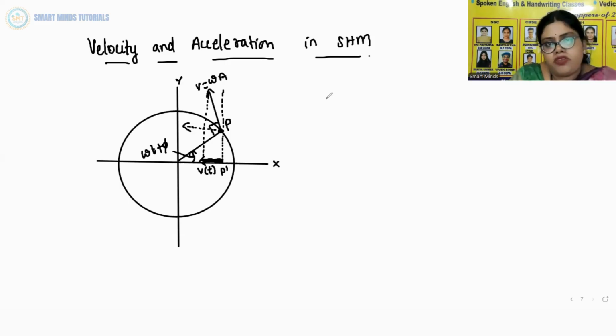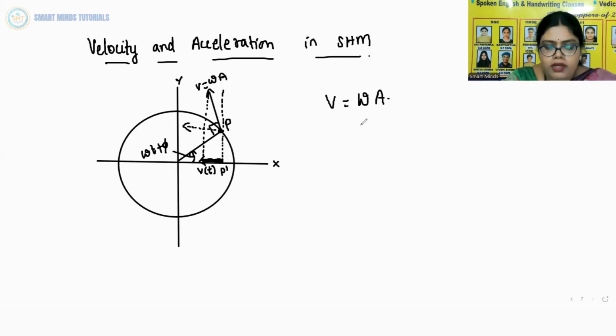So that means v is equal to omega A. The direction of velocity, that is v bar, at a time t is along the tangent of the circle at the point where the particle is located at that instant.